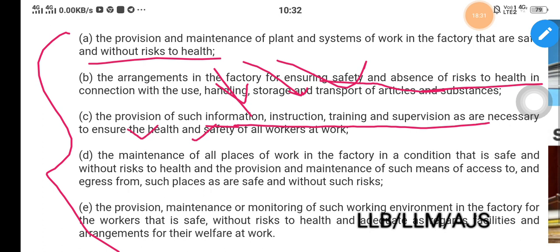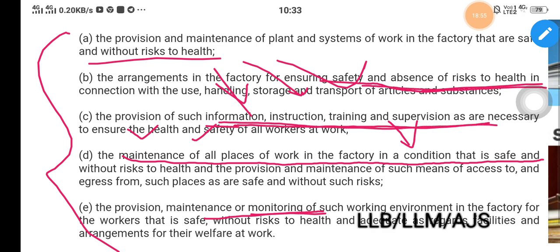Information, instruction, training, and supervision. Then comes maintenance of all places of work in the factory in conditions that are safe and without risks. Then monitoring of such working environment in the factory for workers that is safe without risks to health and adequate as regards facilities and arrangements for their welfare at work. These lines are important. The rest of the entire provision is saying about safety and health.